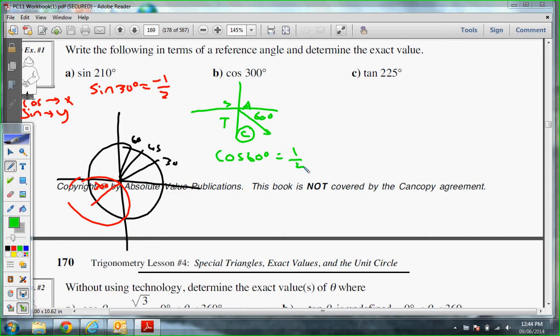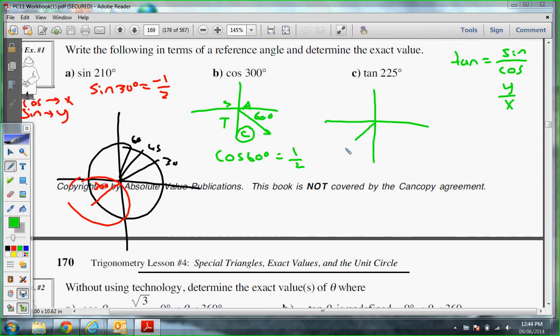Tangent's a little bit more difficult because you have to do sine over cosine to get tangent, or y over x. Yes, you can use the chart from above once you get the reference angle. Okay, 225.